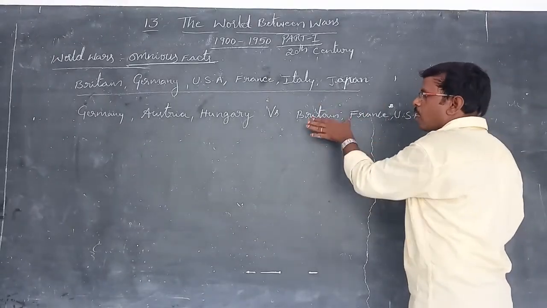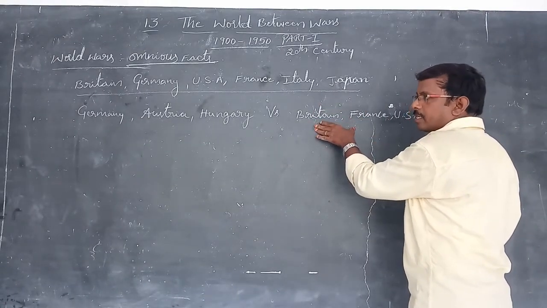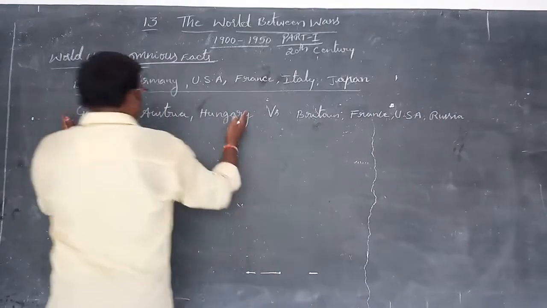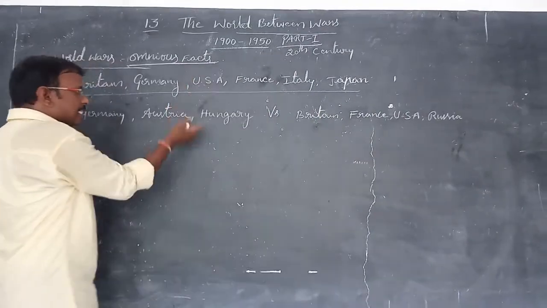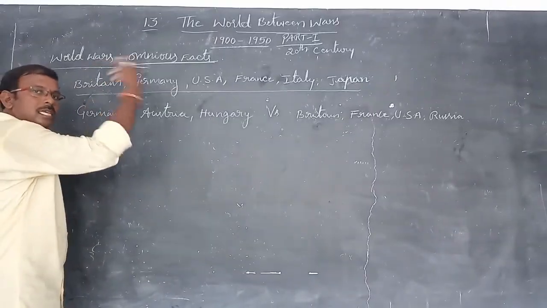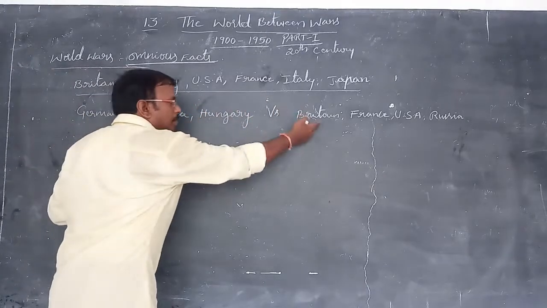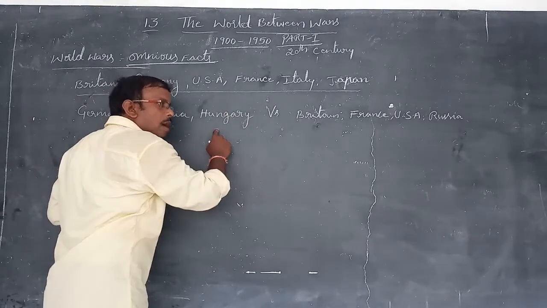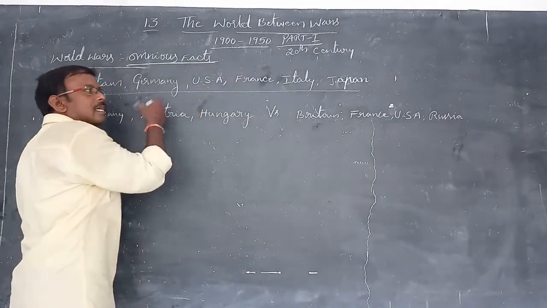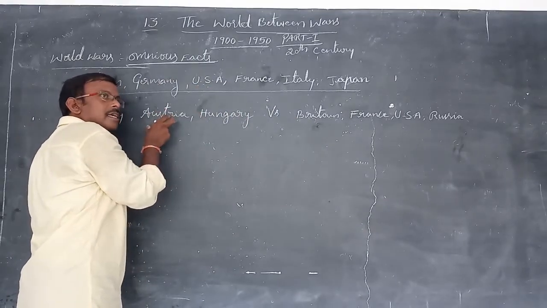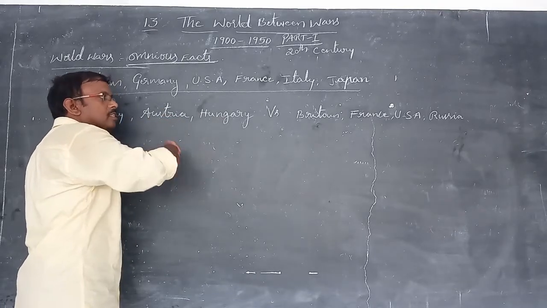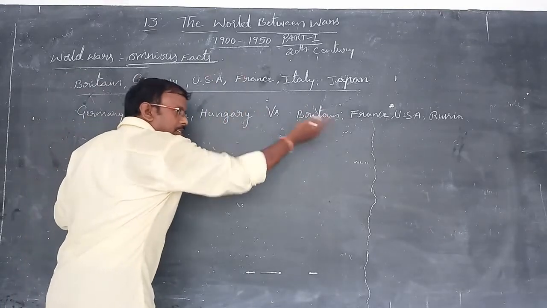Some countries joined and supported one group, and other countries supported the other group. So if any problem occurred between these 2 groups, the remaining countries joined and supported them, and fought against other countries.